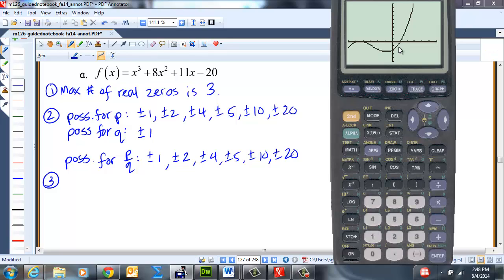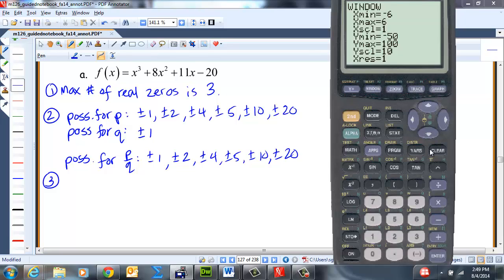Although, or no, you know what? My window goes to plus or minus 6. So 1, 2, 3, 4, 5, 6. Yeah, maybe 1 would work. Another potential would be 1, 2, 3, negative 4 might work. But you know, I should increase my window for the x because remember I went to plus or minus 20.